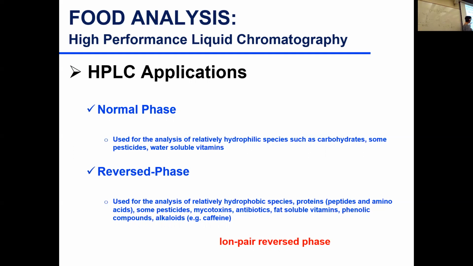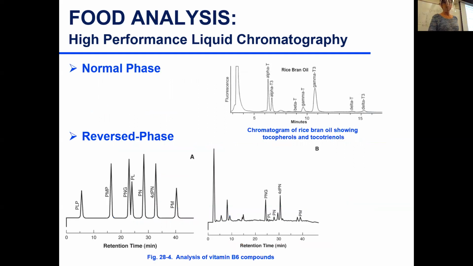You want to enhance interaction with the column. So you block the charges on these compounds. So you use ions. You add specific components that carry charge that block charges on the molecule so that the molecule can interact via nonpolar interactions with your reverse phase. That's what ion pair reverse phase is. These are just a few examples of applying normal phase versus reverse phase.